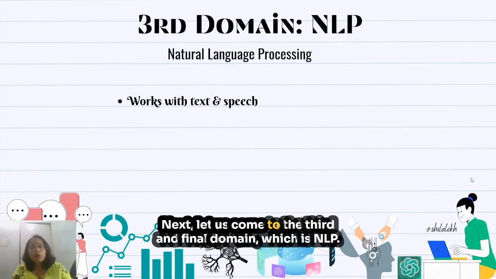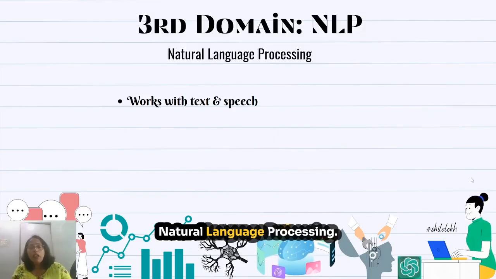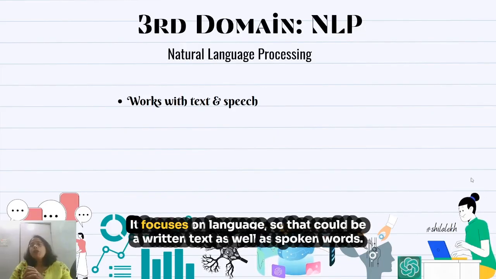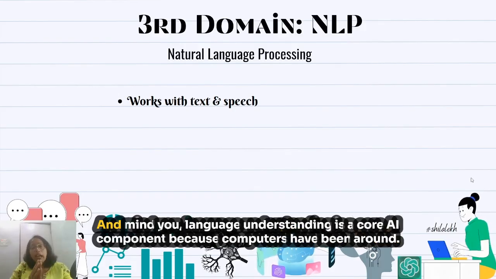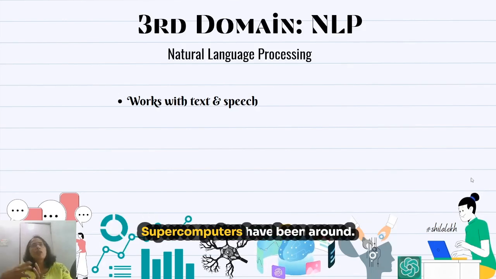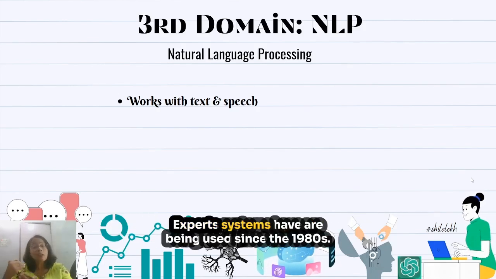Next, let us come to the third and final domain, which is NLP, natural language processing. It focuses on language, so that could be written text as well as spoken words. And mind you, language understanding is a core AI component, because computers have been around, supercomputers have been around, expert systems have been used since the 1980s.